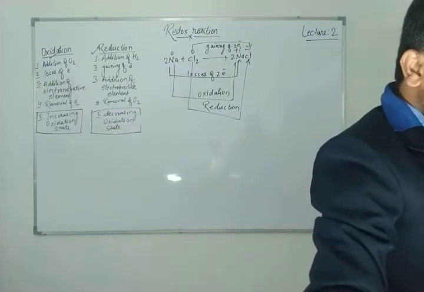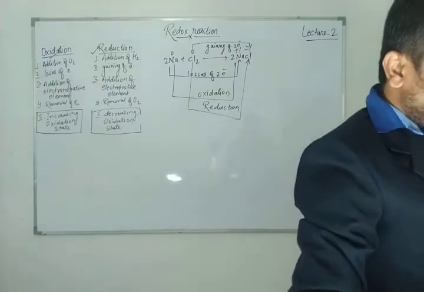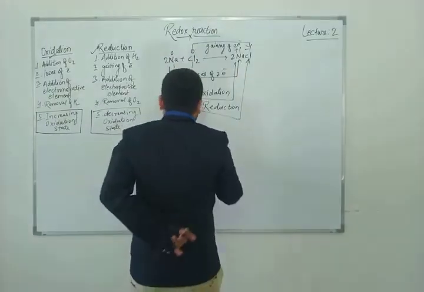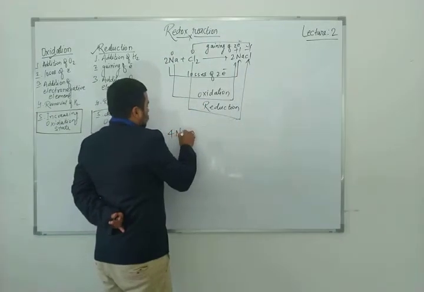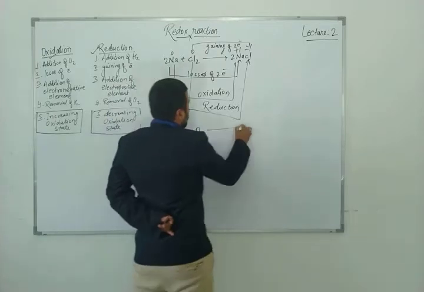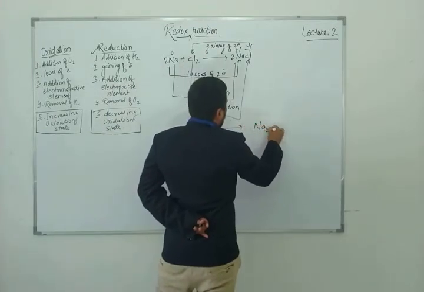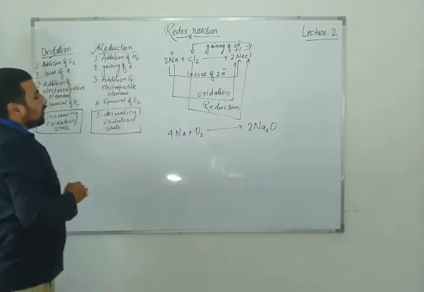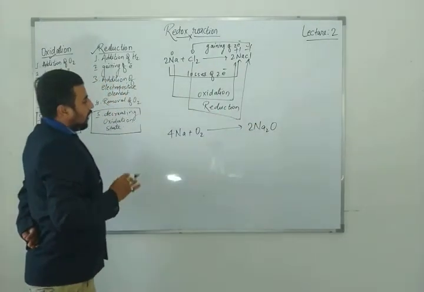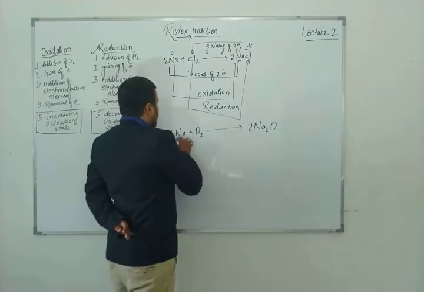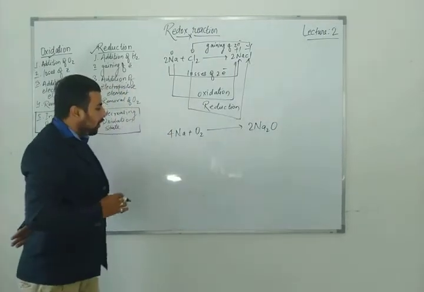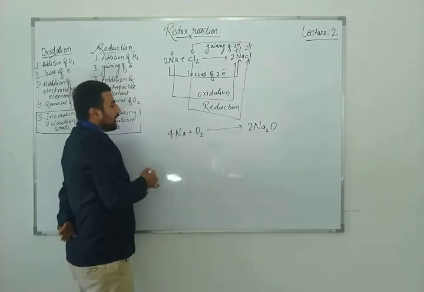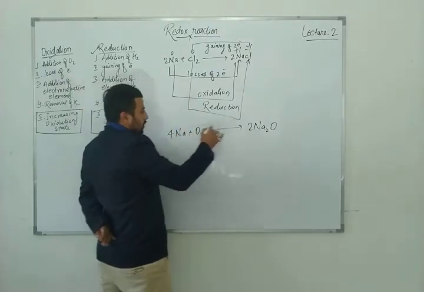Similarly, the second reaction is 4Na plus O2 gives Na2O. You can see here sodium oxide. Similarly, if anybody asks you how many electrons sodium has lost here: there are 4 sodium atoms, and each sodium has lost 1 electron.